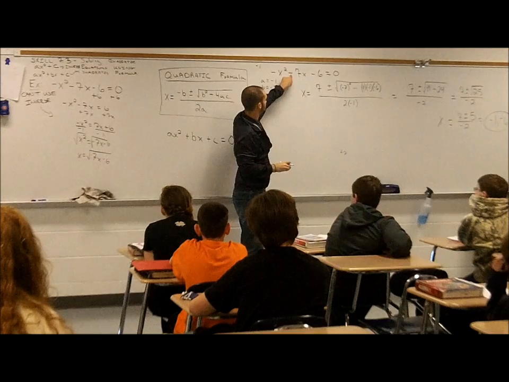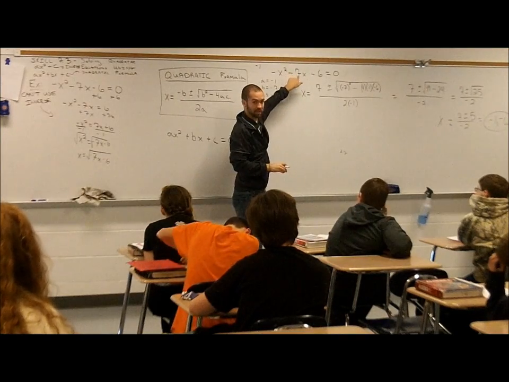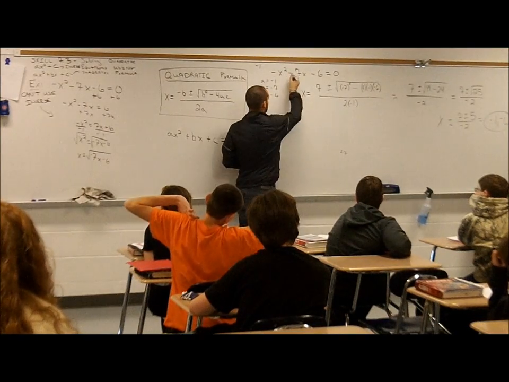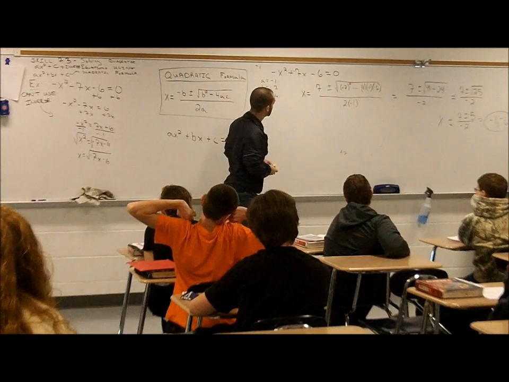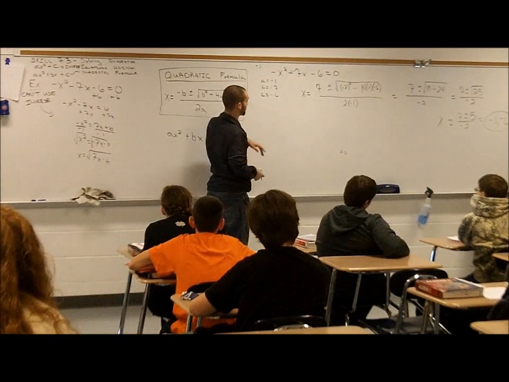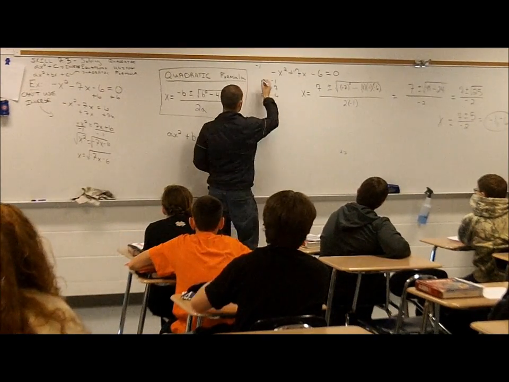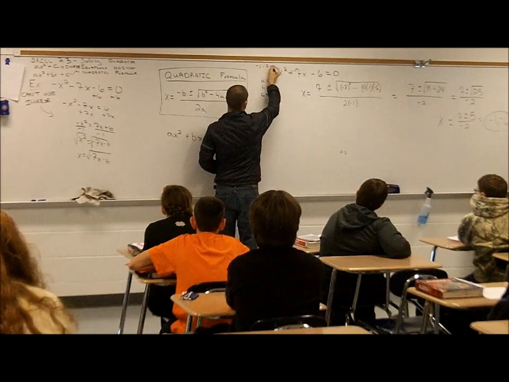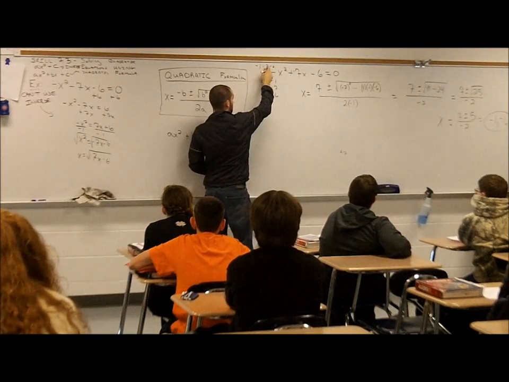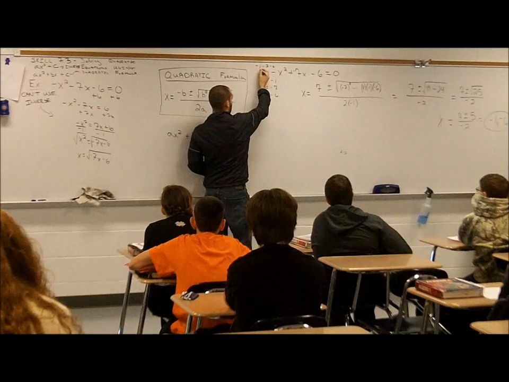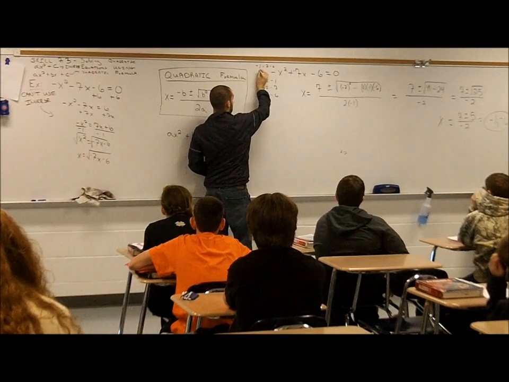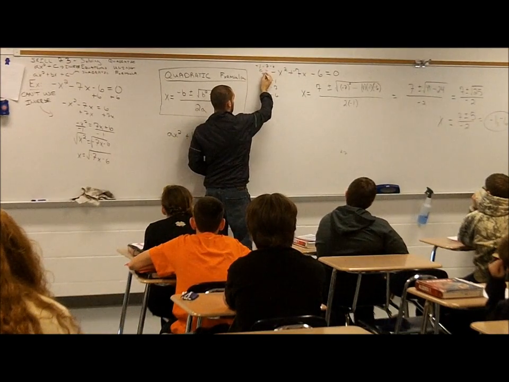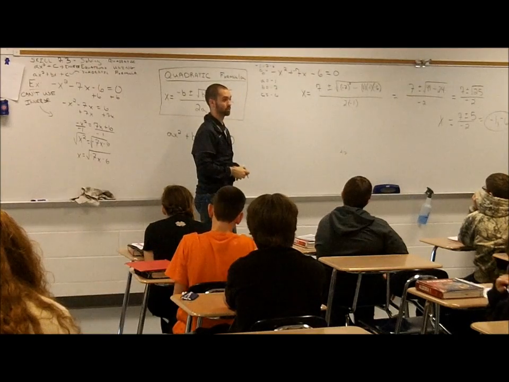You want to consider this a negative 7? Sure. So we change that to plus negative 7. Negative 7 times a negative 1. So plus 7 minus 6. Negative 1 plus 7. 6 minus 6. So is negative 1 a solution?